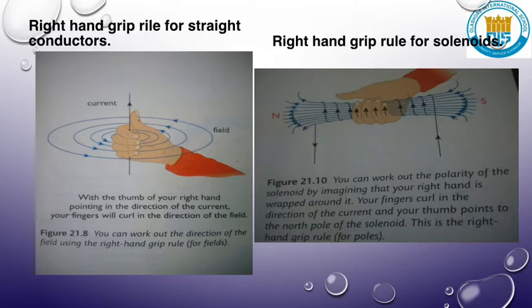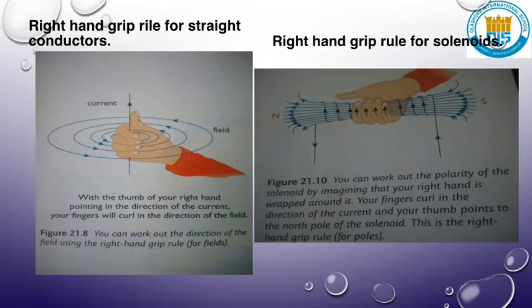So when you have a current flowing through a solenoid, if your thumb points in the direction of the north pole of a solenoid, which is an electromagnet, we already looked at that in a previous lesson. You may want to refer to my YouTube channel and look for the topic magnets and magnetic fields. You will see what solenoids are essentially there.